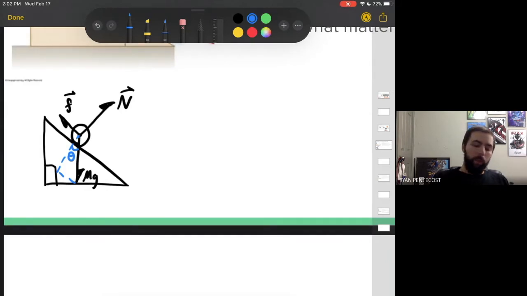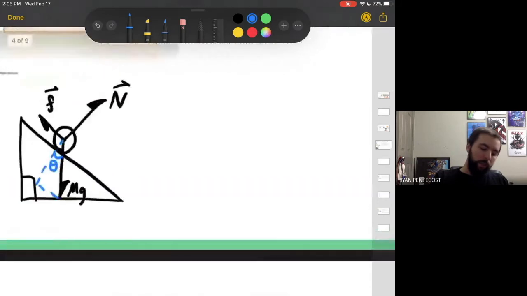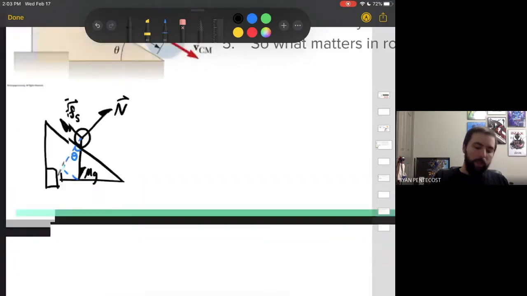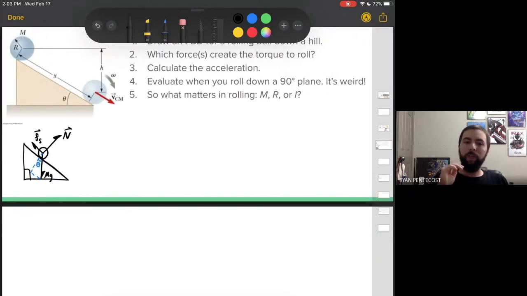But let's talk about that. Gravity causes the ball to slide down the hill. But if there's friction, the ball's not going to slide. If we say that this is static friction, the ball can't slide because it's not going to reach kinetic friction. It's only going to use static friction.